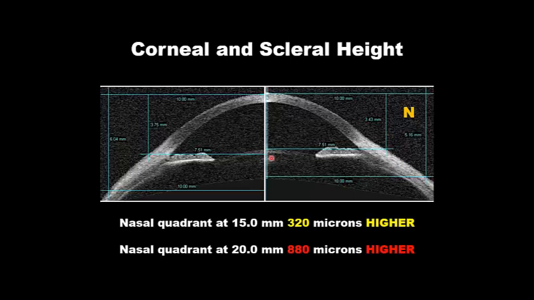So what you're looking at is 7.5 millimeters out from center toward the nasal side. The elevation of the eye is higher than it is on the temporal side. As we go out even farther to 10 millimeters, that difference becomes far more profound. We're at 320 microns of elevation difference on average between nasal and temporal at 15 millimeters, but at 20 millimeters, the difference is almost a millimeter depth differential.